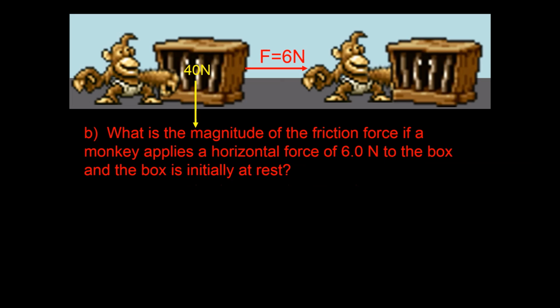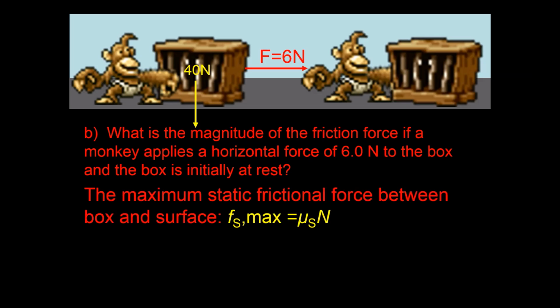Part B asks, what's the magnitude of the frictional force if a monkey applies a horizontal force of 6 newtons to the box, and the box is initially at rest? Well, our maximum static frictional force between the box and the surface is going to be Fs max. This is going to be equal to mu s, whatever our coefficient of static friction is, times n, the normal force.